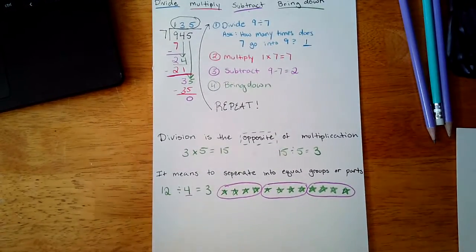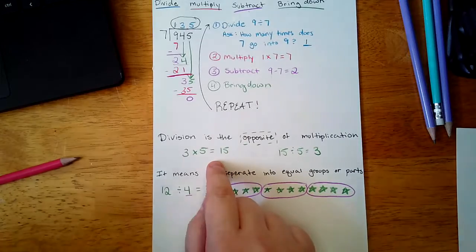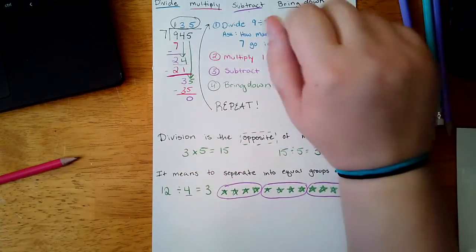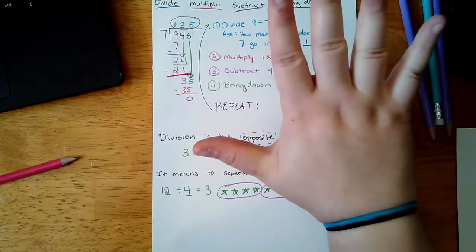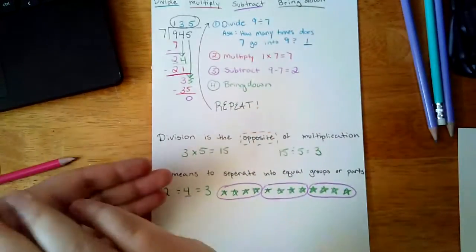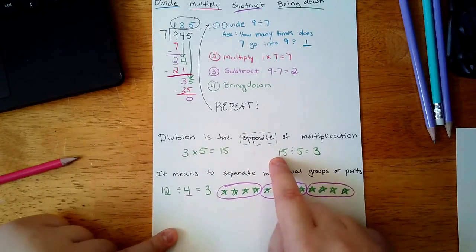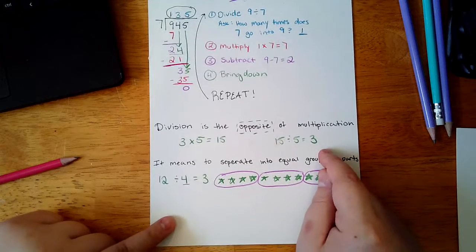Division is the opposite of multiplication. So if multiplication is 3 times 5 gives us 15, correct? So if we were to say 3, 6, 9, 12, 15, the opposite of multiplication is division. So 15 divided by 5 is going to give us 3.